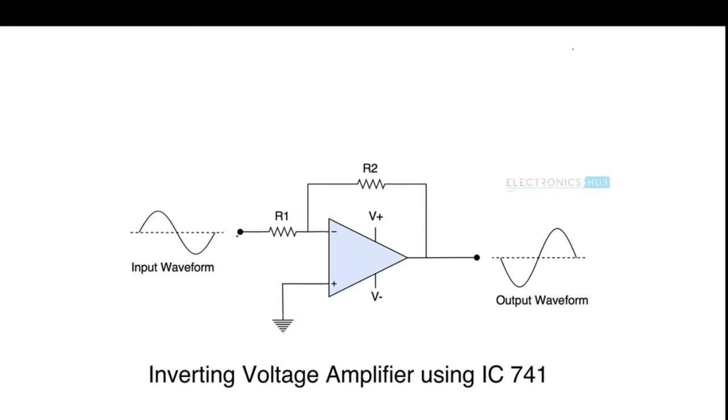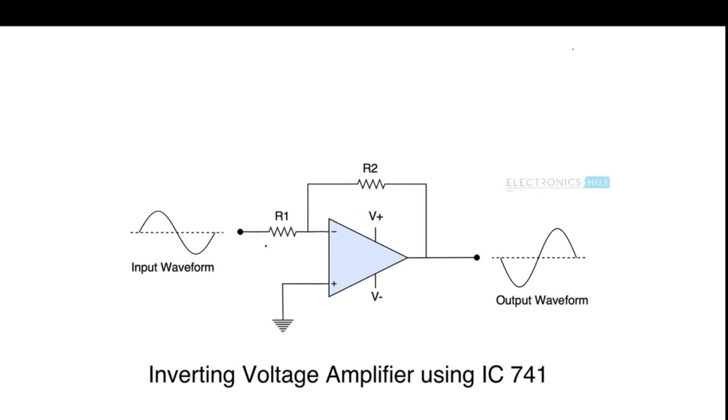Signals are provided to the inverting terminal via resistor R1. This R1 is nothing but Ri, or the input resistor. A resistor is connected across the input and output. This is nothing but the feedback component or feedback circuit. So the feedback resistor is Rf or R2.